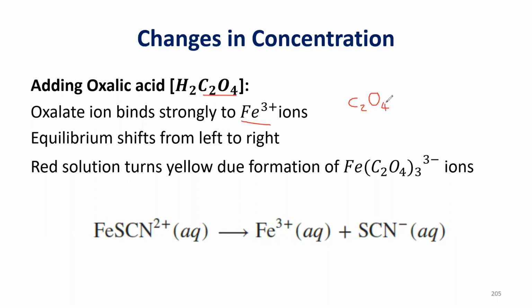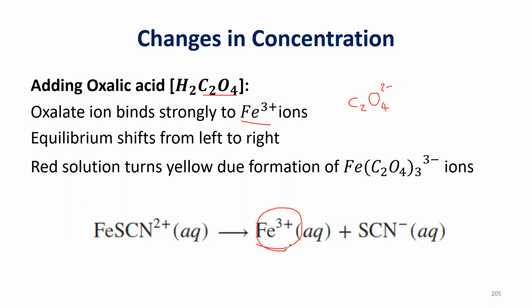So therefore, the oxalate ion will bind any iron 3 ions that are present strongly. So that means it's as if it is removing the iron 3 ions from solution. So it is reducing the concentration of iron 3 ions from solution.